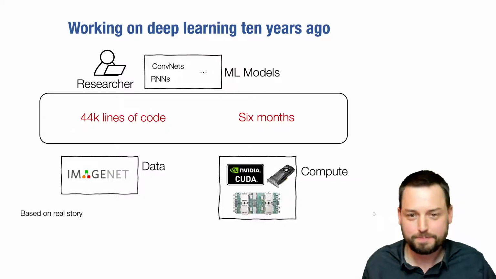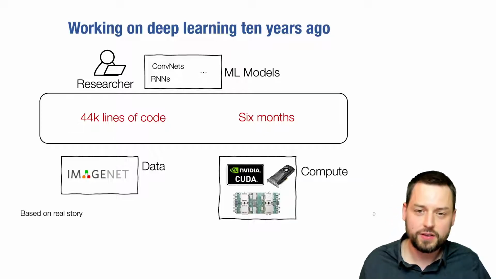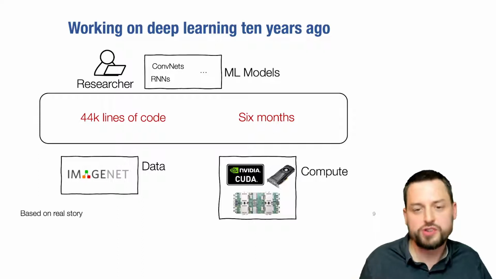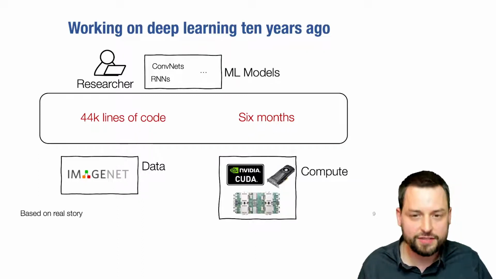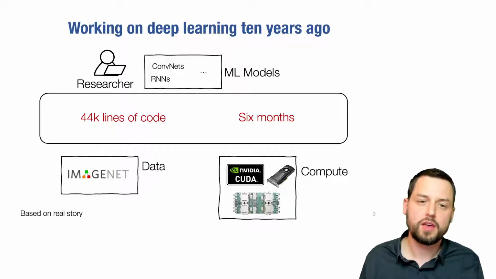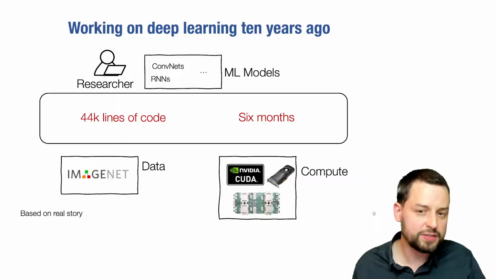The figures he gives are that to implement a really capable convolutional architecture for image classification on a data set like ImageNet at the time, it took him about 44,000 lines of code and about 6 months of coding.